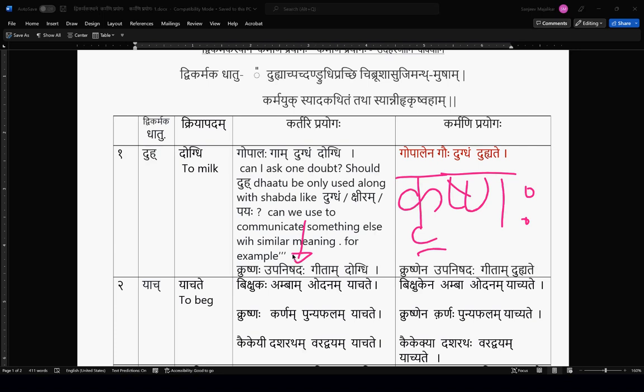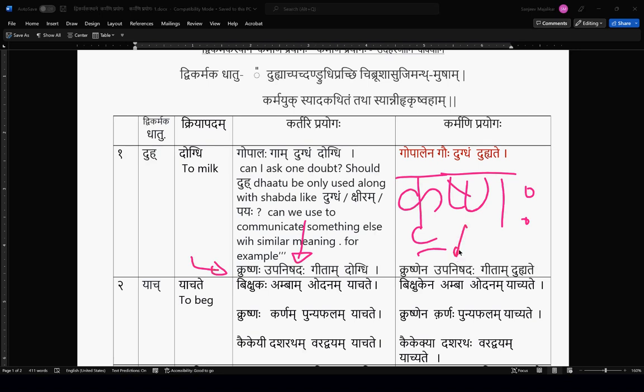Upanishat, upanishadau, upanishadaha in prathama vibhakti. Upanishadam, upanishadau, upanishadaha in dvitiya vibhakti, bahuvachanam upanishadaha. In this first sentence, what is the vibhakti of Upanishadaha? Prathama vibhakti. Dvitiya vibhakti bahuvachanam.